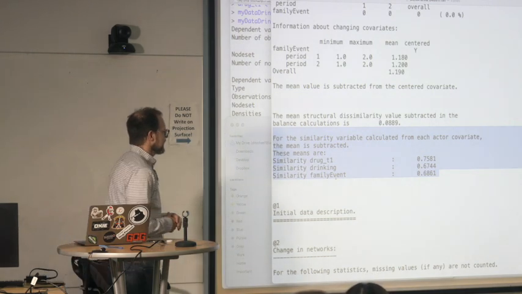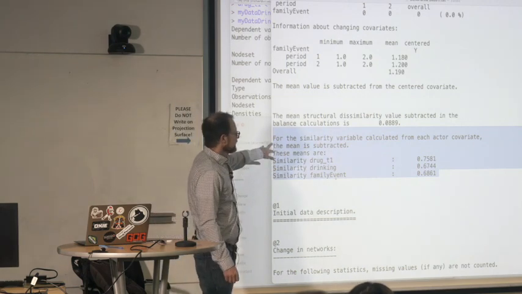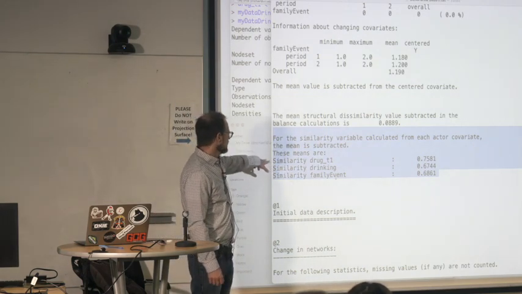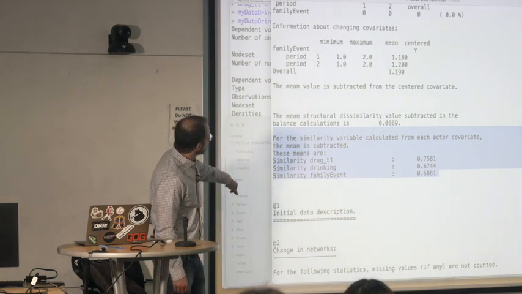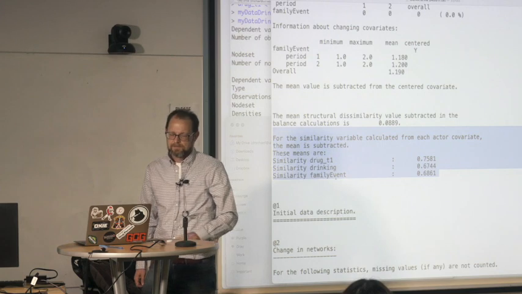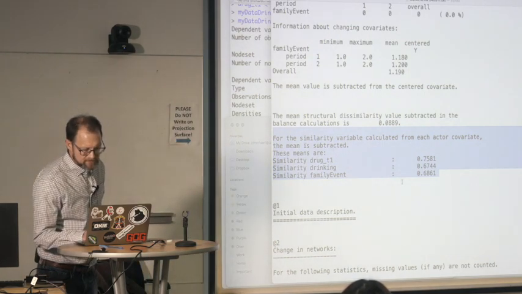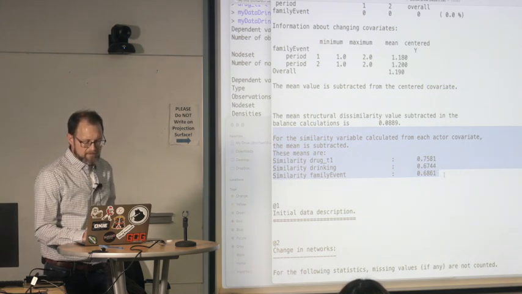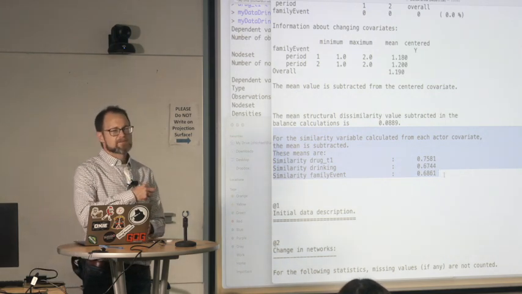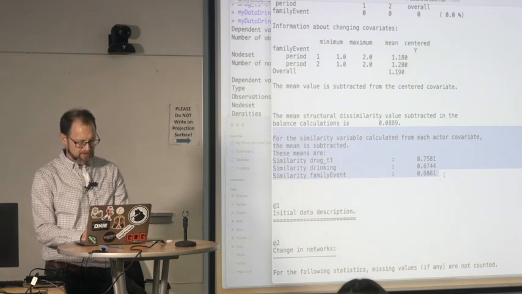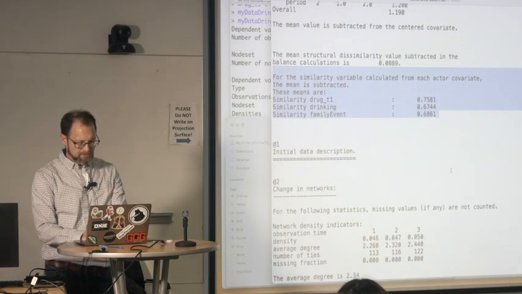So you can find that value that SIENA is using here, similarity on drug, drinking, family event, right there. Okay, so there's drinking. You might need to pull that out for some interpretation steps later on.